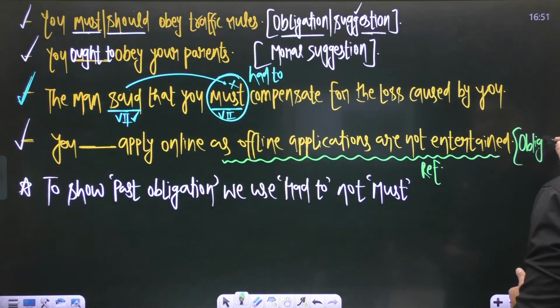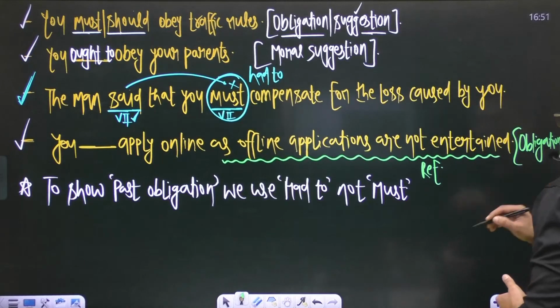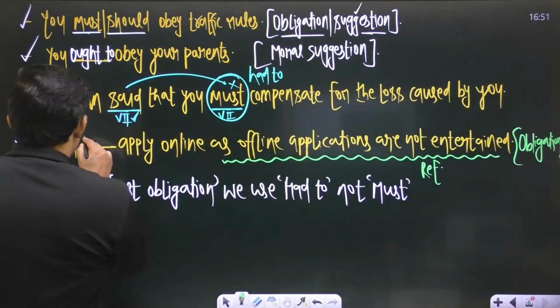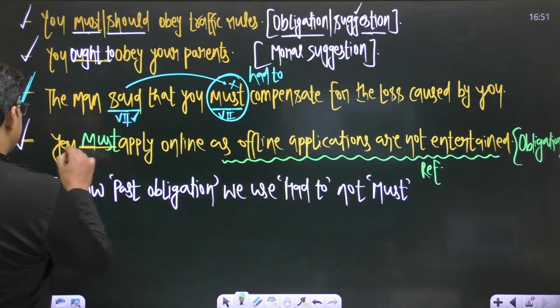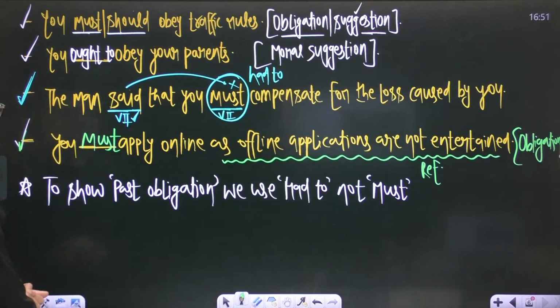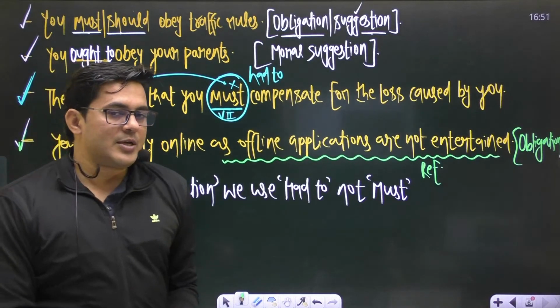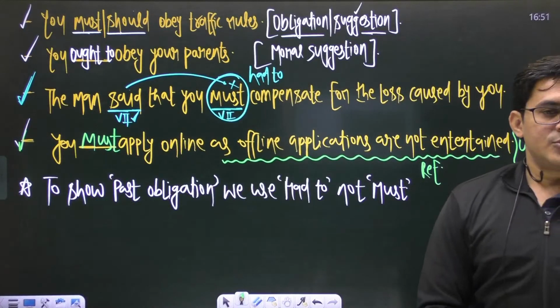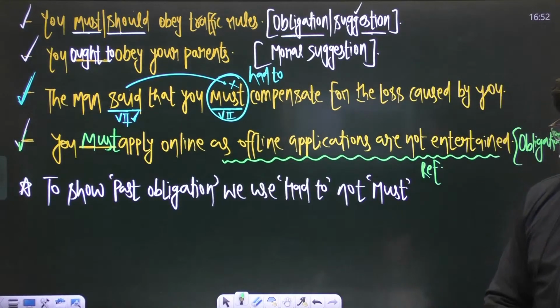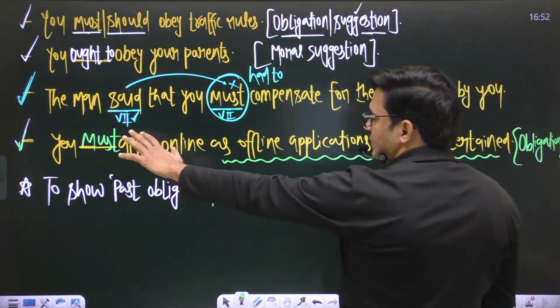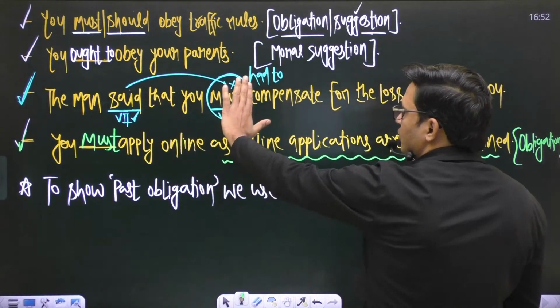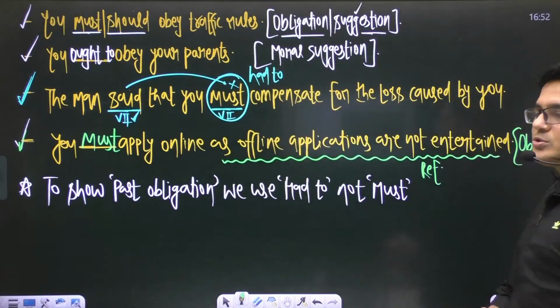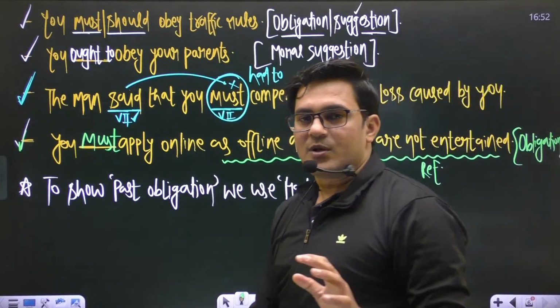And in the second sentence, to show obligation, we use what? Must. You must apply online as offline applications are not entertained. Yes, this is right to say. The man said that you must or you ought to, this is not right. The sentence will be like, the man said that you had to compensate for the loss caused by you. This will be the right answer.